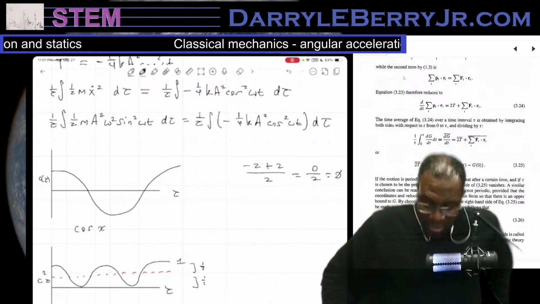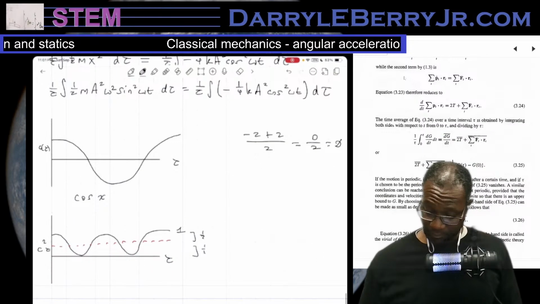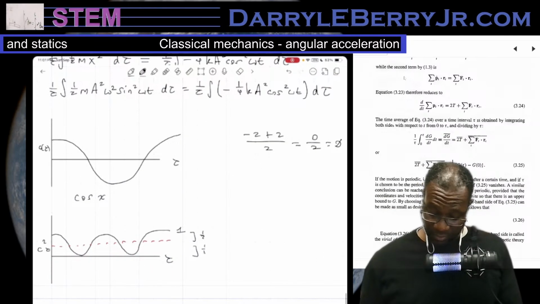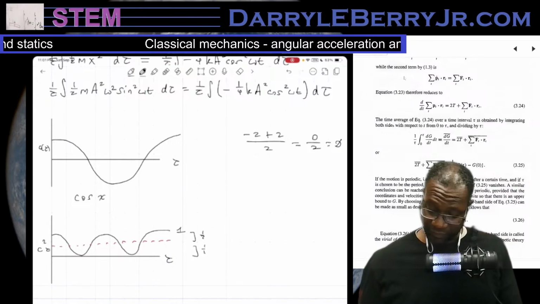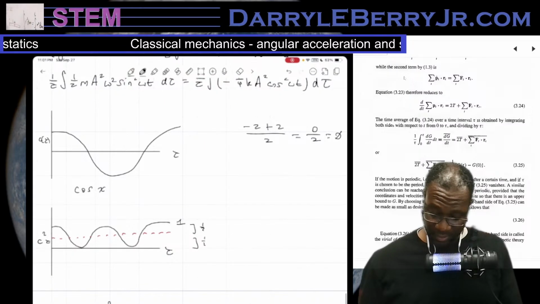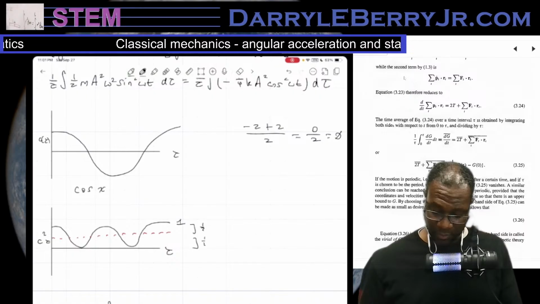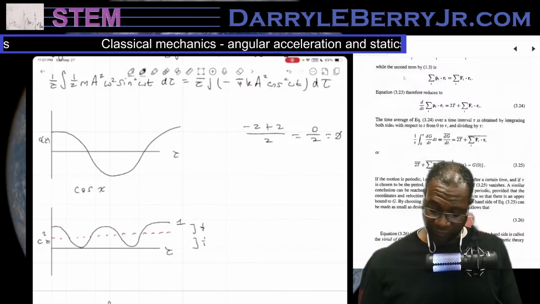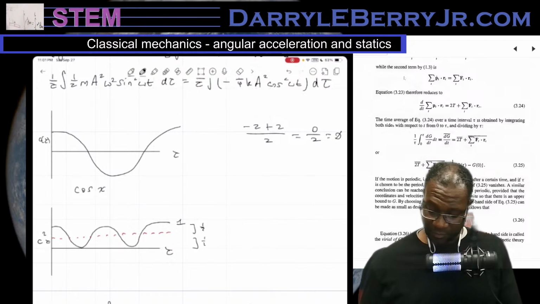So everything out there is constant. I believe what she's saying is, since this is an average of the square, that'll be 1/2. So now we have 1/2 m a squared omega squared times 1/2 equals negative 1/4 k a squared times another 1/2.